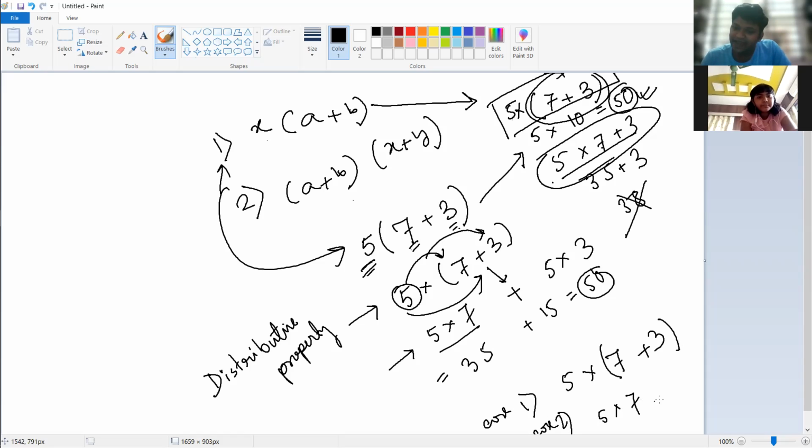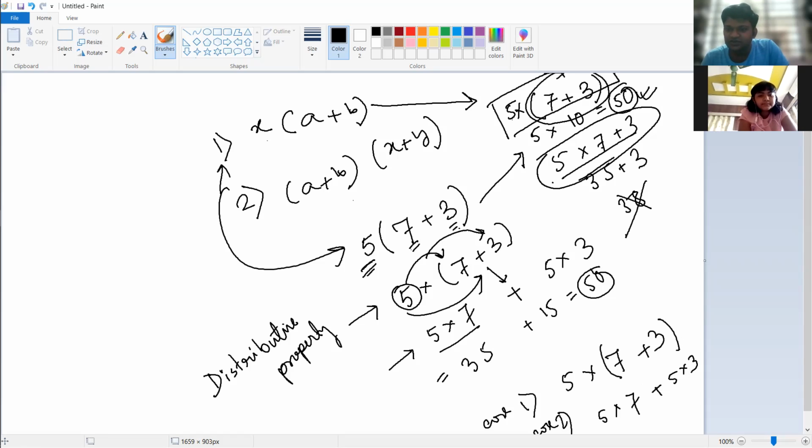Next, after 2 minutes, you think that only tea is not good for health, so everybody should take one biscuit also. Everybody took one biscuit. Now, 3 rupees biscuits and 5 people are there. How much money do you have to give to the shopkeeper? 15 rupees. That is 5 into 3.